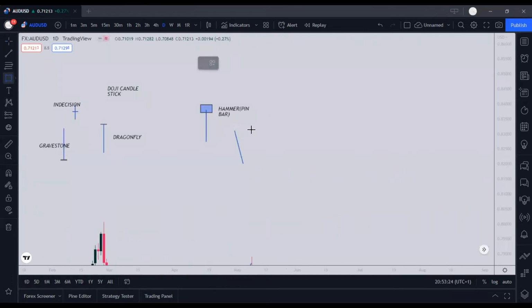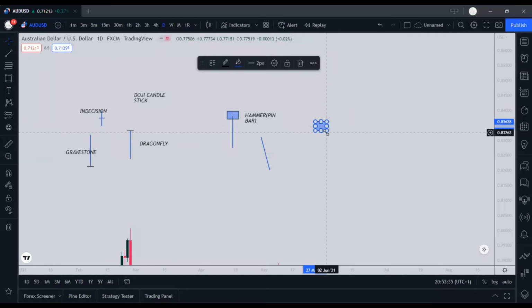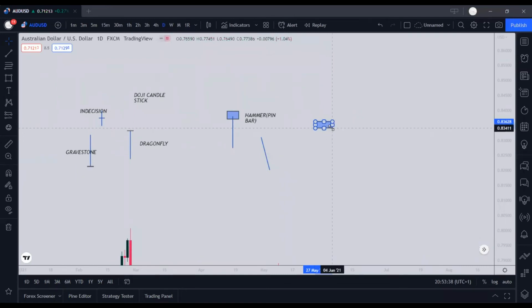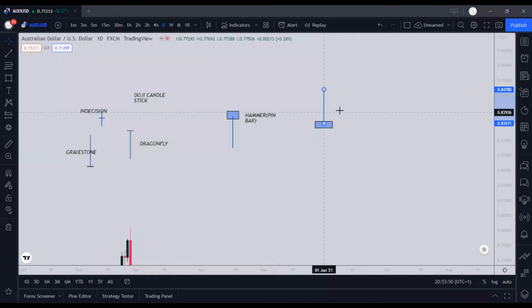So let's get the inverted one. All right, so this is what we call the inverted hammer.